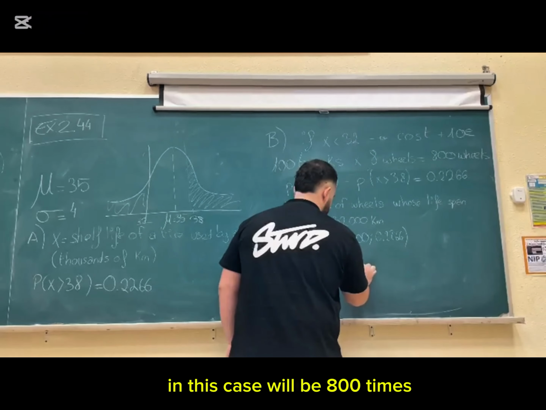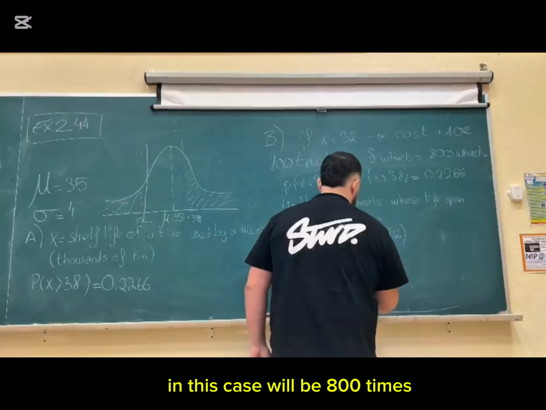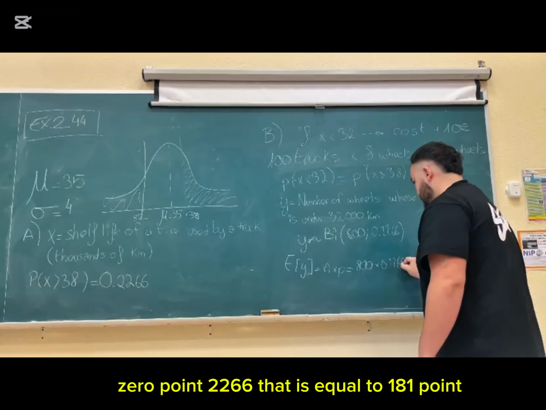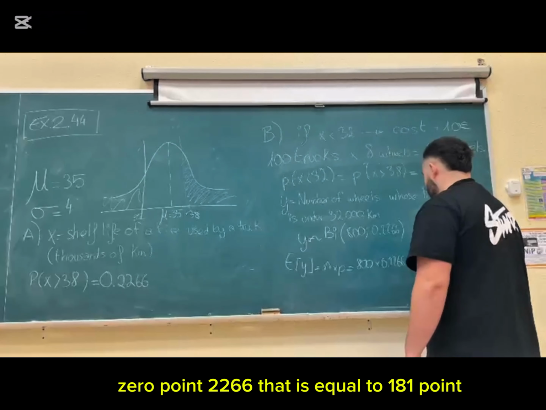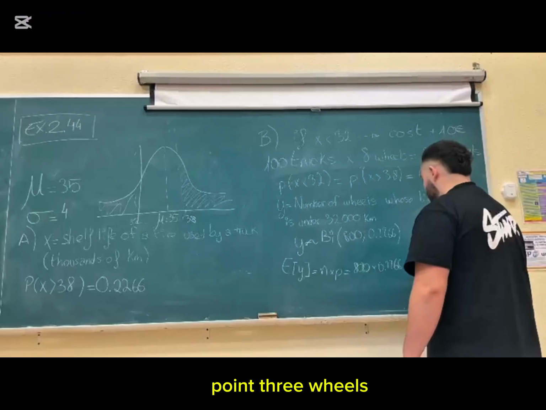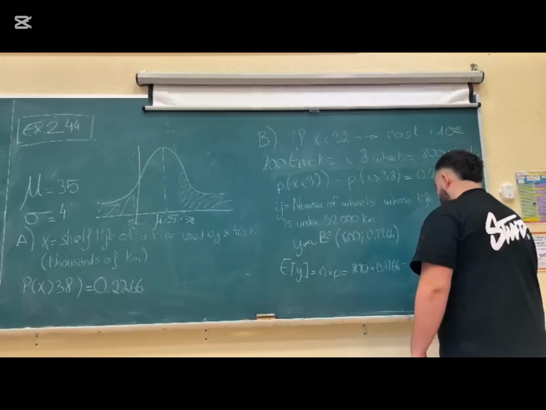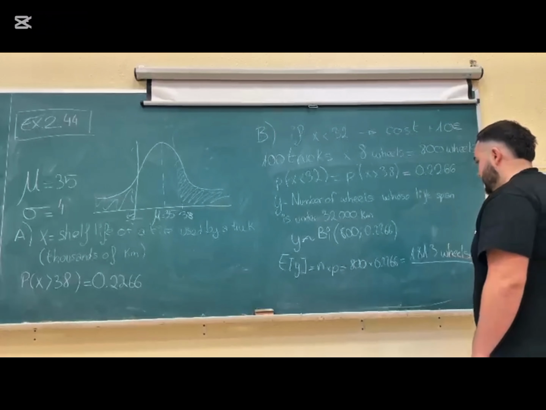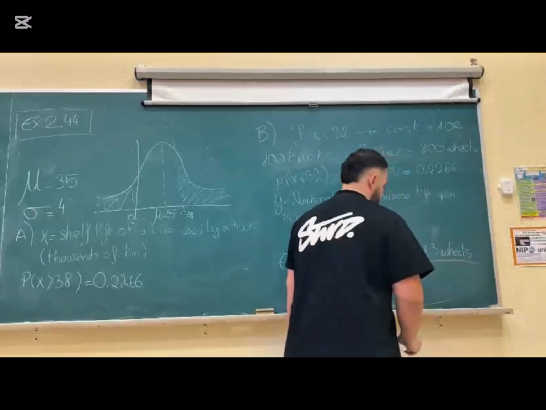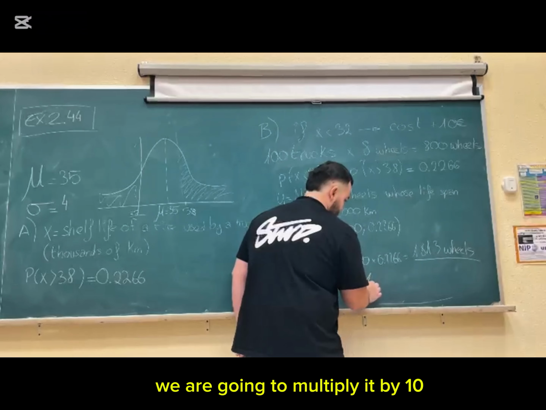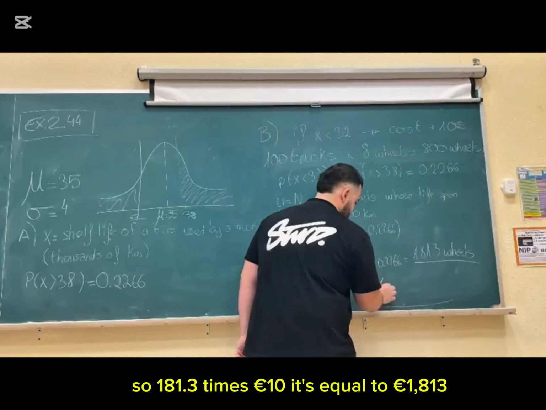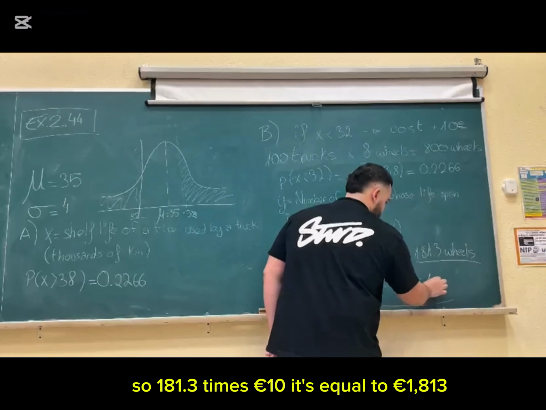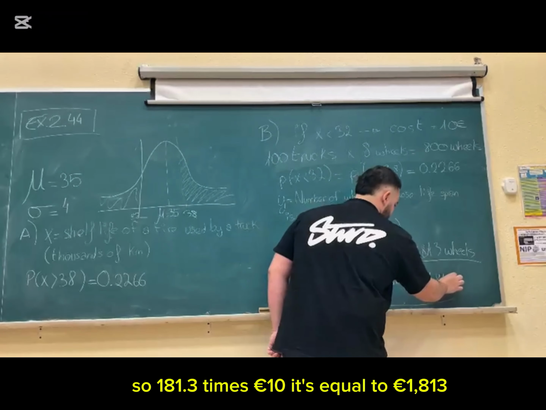In this case it will be 800 times 0.2266, that is equal to 181.3 wheels. As they are 10 euros each one, we're going to multiply it by 10, so 181.3 times 10 euros is equal to 1,813 euros.